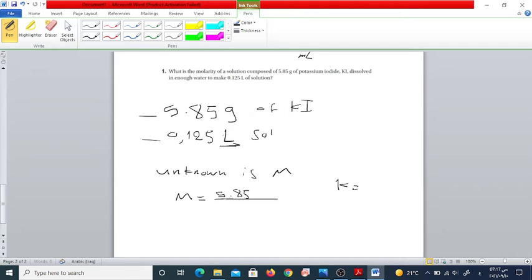K equals 39 gram per mole, and I equals 126.9 gram per mole. Simple summation, I get 166 gram per mole.